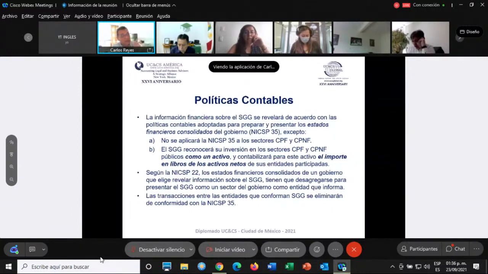If we apply NICSP 35 to the financial sector, financial public corporations, and public non-financial corporations, we can see whether the general government sector is not recognizing this sector as an asset, and then it is recorded as net assets of participant entities. The difference is quite important.